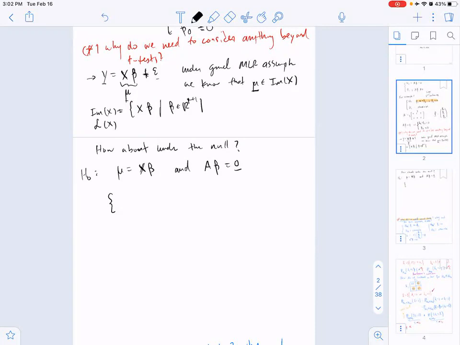I'm going to switch to that notation to be consistent with your book. I can define another space, the space of all vectors that look like X beta, but where beta satisfies A beta equals 0. This restricts the set of betas that go into the construction. I'm going to call this LA of X, because your book calls it that.